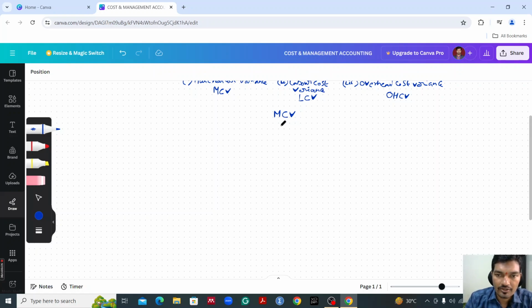In the material cost variance, there are two types of cost available. One is MPV, material price variance. The second one is material usage variance, also called usage or quantity.